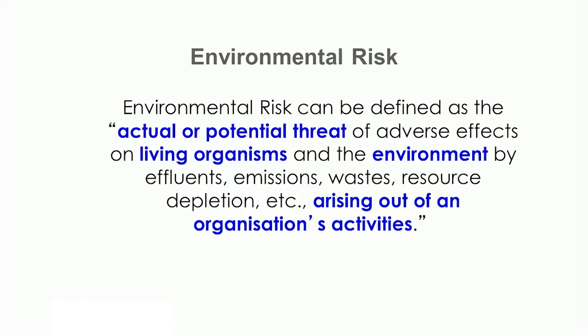As we are discussing the environmental context, what is environmental risk? Environmental risk can be defined as the actual or potential threat of adverse effects on living organisms and the environment by effluents, emissions, waste, resource depletion, etc., arising out of an organization's activities.